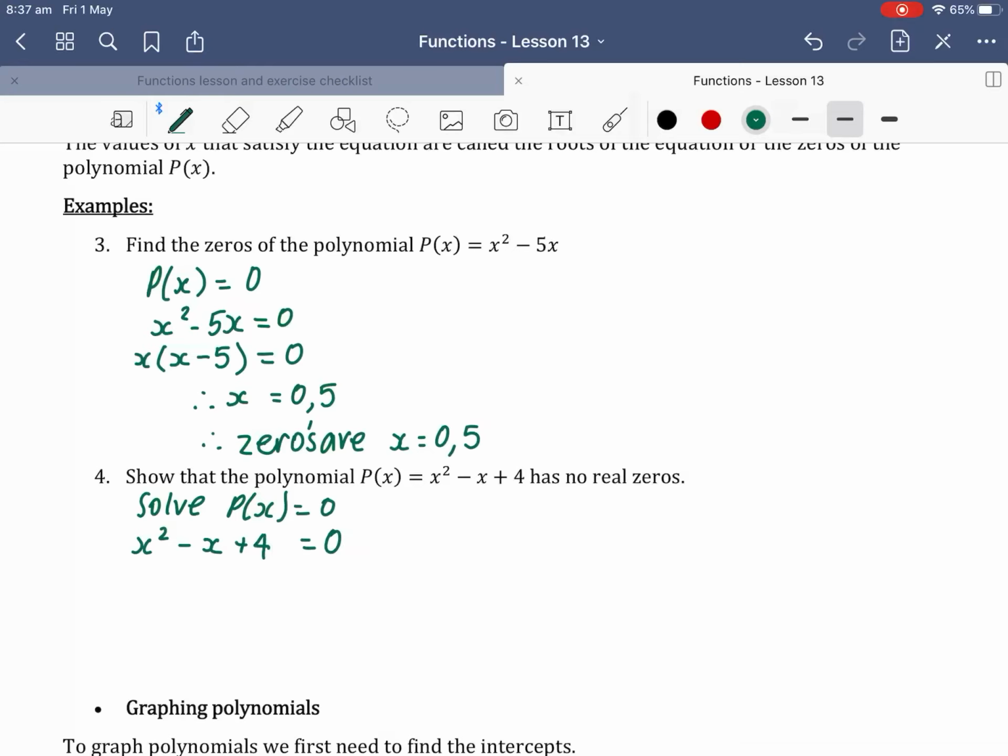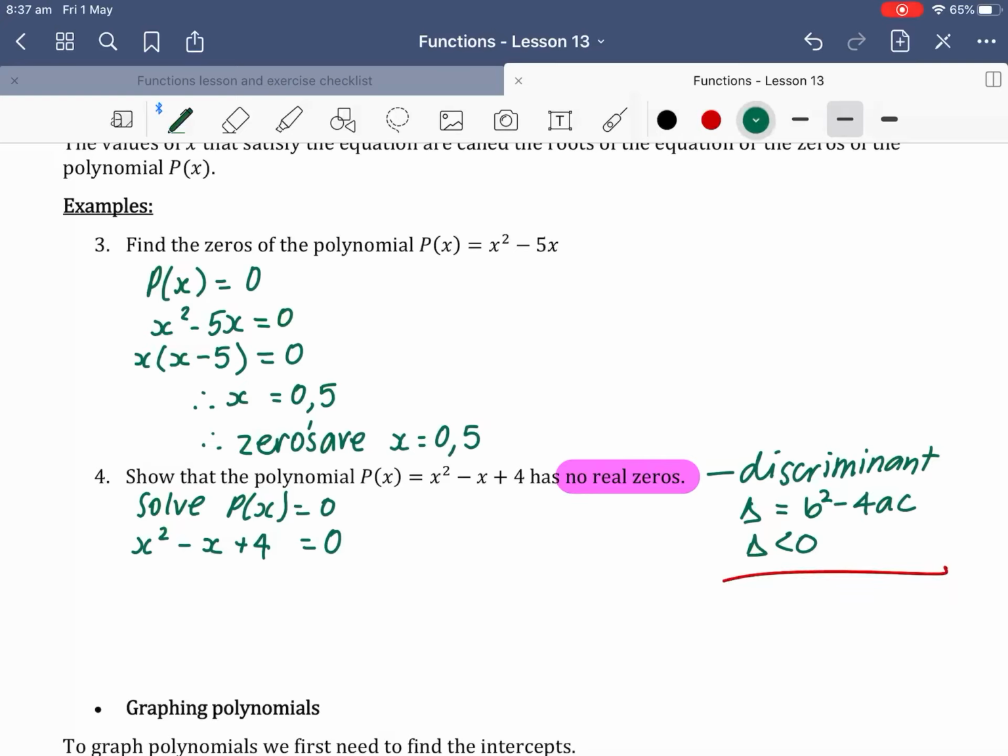Because we want no real zeros, we should use our handy friend, the discriminant, which we did in a past exercise: delta equals b squared minus 4ac. And because it's no real zeros, we want our discriminant to be less than 0.